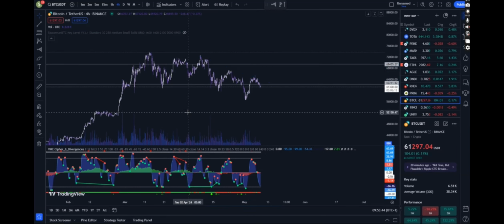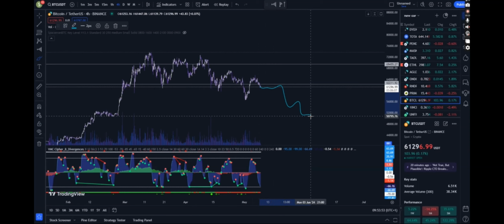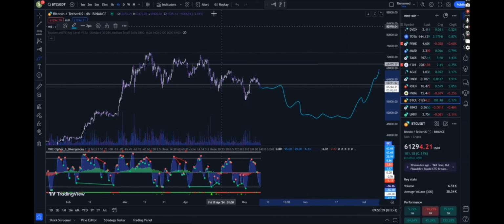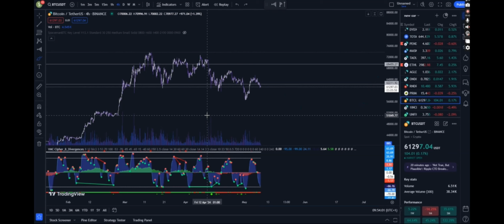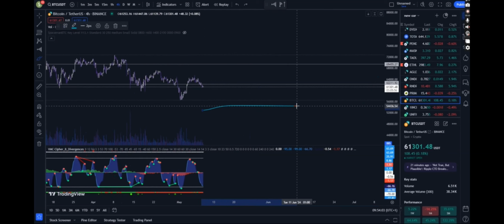So I'd keep an eye on that. I could see something like this back into this area, consolidation, before we get another big push up. And that's what I'm looking at with Bitcoin at the minute.